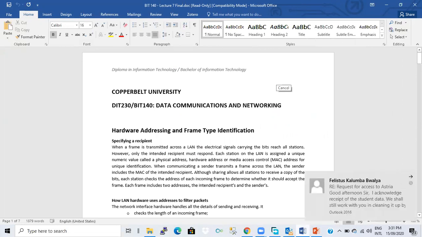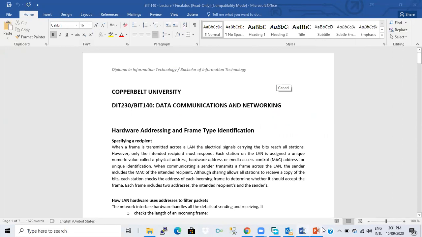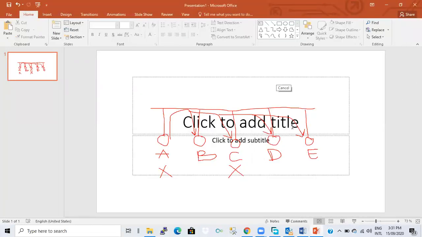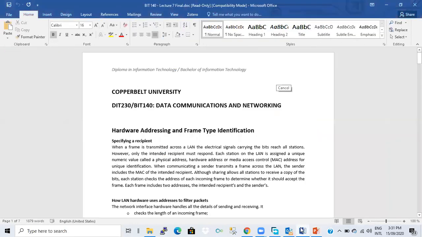So if we look at our scenario here, we have machine A, B, C, and D. If a packet is sent, it will be distributed to all of them, but only one of them should be able to receive and respond.